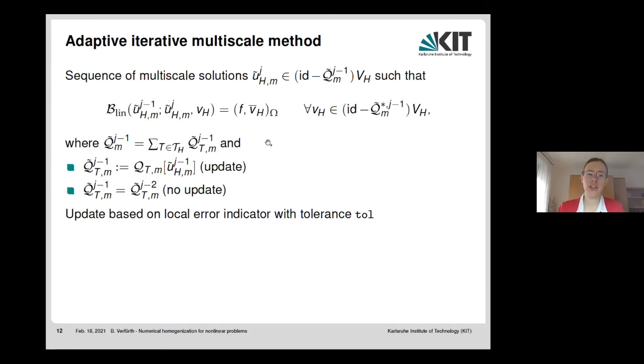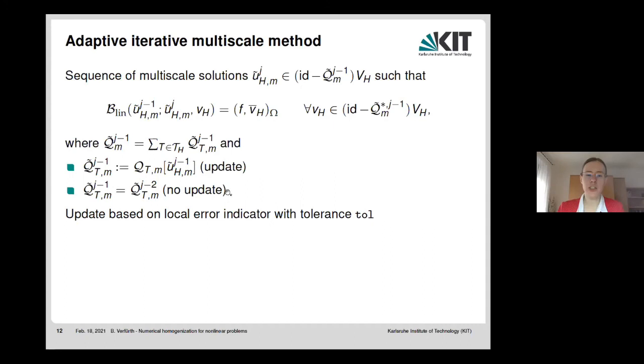And these corrections are now locally defined as follows. You have either the case that you compute them anew, as on the previous slide, so taking the previous iterate and computing this correction operator by solving local Helmholtz problems, or you simply use the correction operators that you have at hand from the previous iterate.